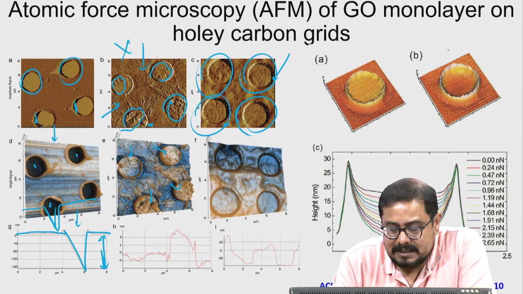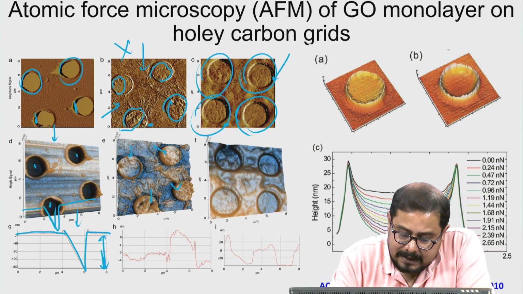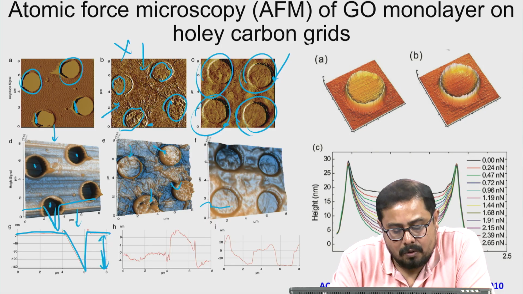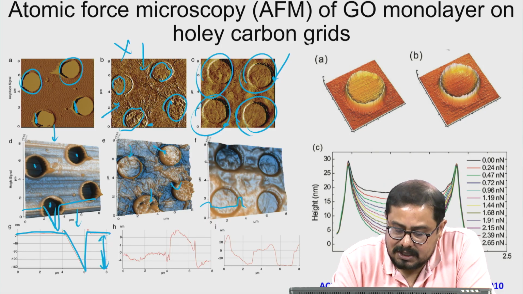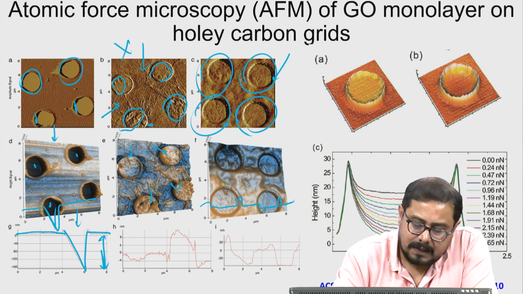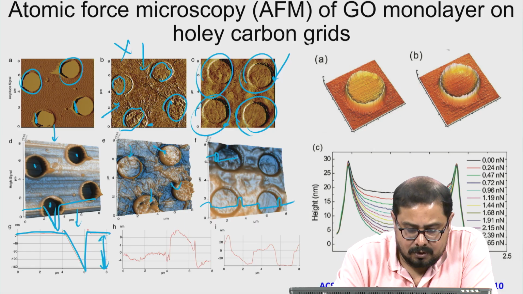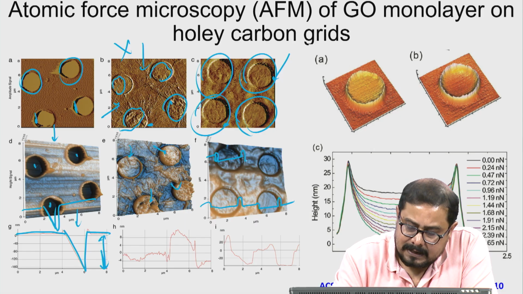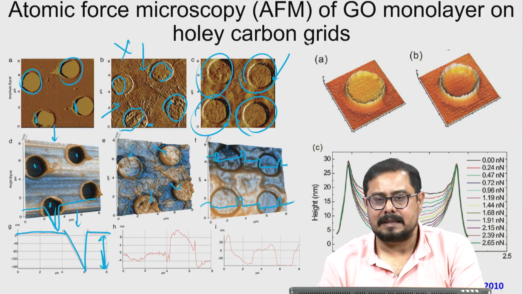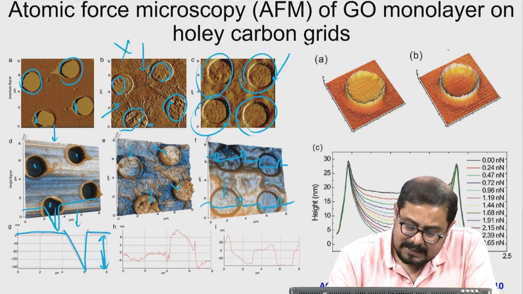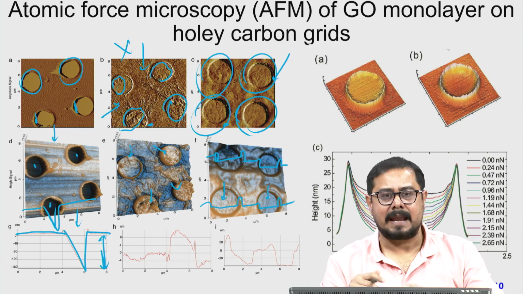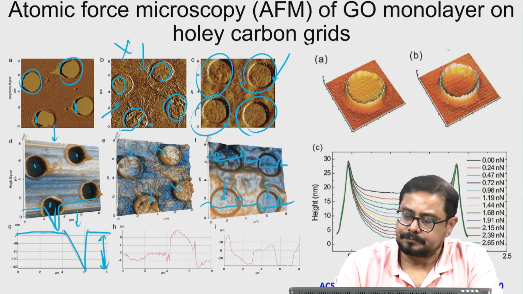Here you can see this AFM image where you can easily see the depth, where these holes are going down, going up again like that. So we are getting some kind of depth inside where we can add the sample and image.